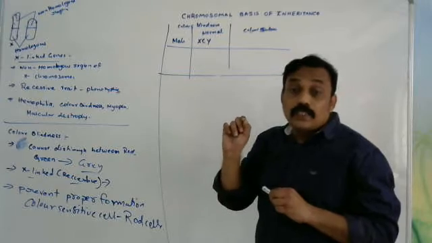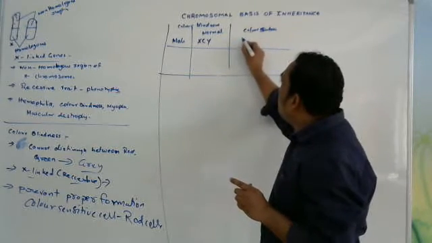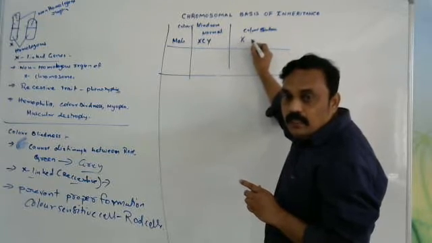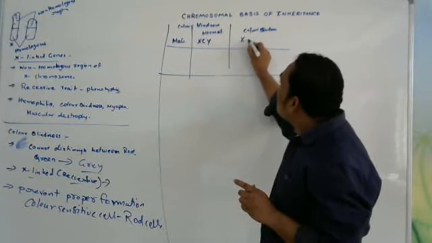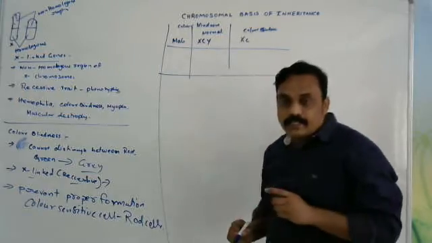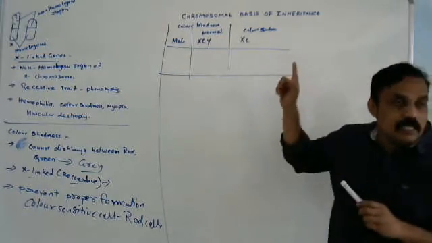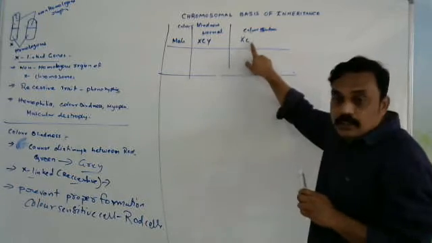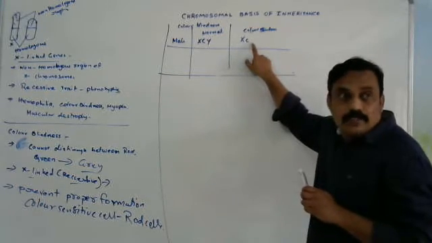Those who suffer from color blindness have in the X chromosome what type of gene? Small c. Try to understand. Why did I write small c, Mansi? Yes, it is a defective gene. It is a recessive gene.